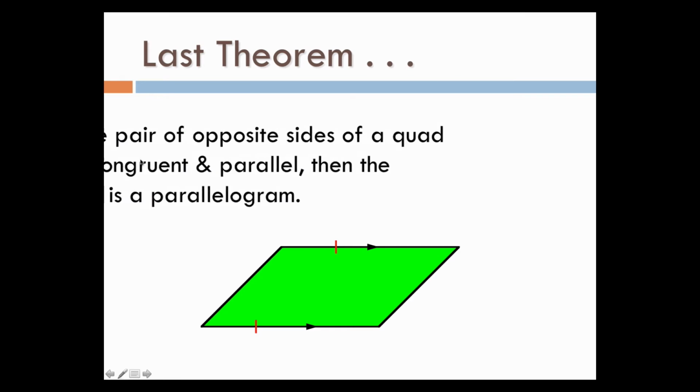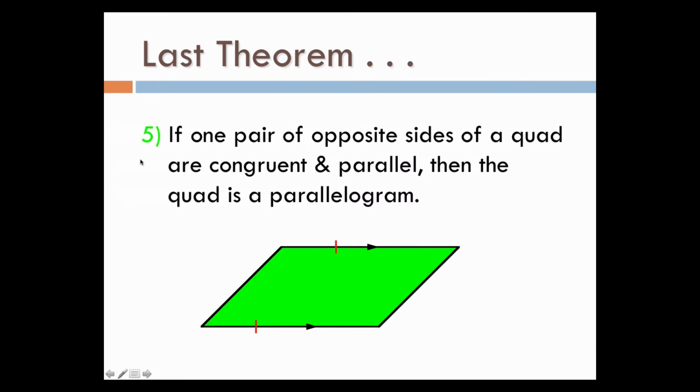Okay. And then here's the new one. This is the one you definitely want to write down, because we haven't talked about this. This isn't a converse. If one pair of sides are both congruent and parallel, it has to be a parallelogram.